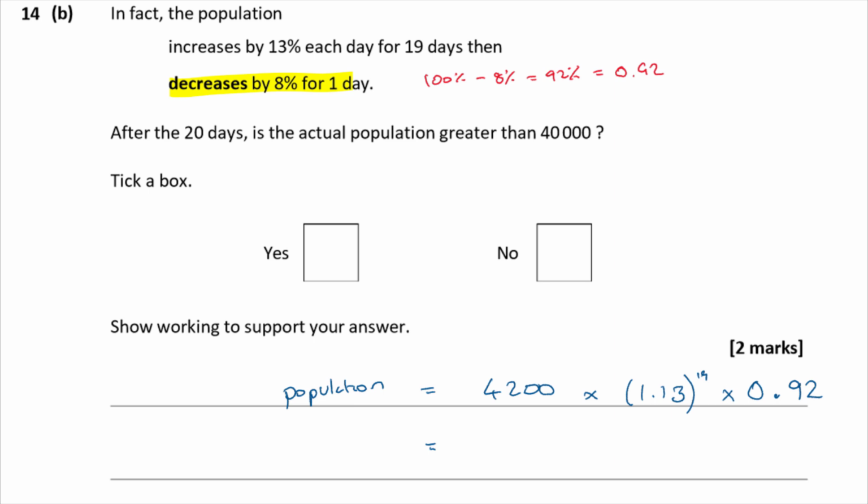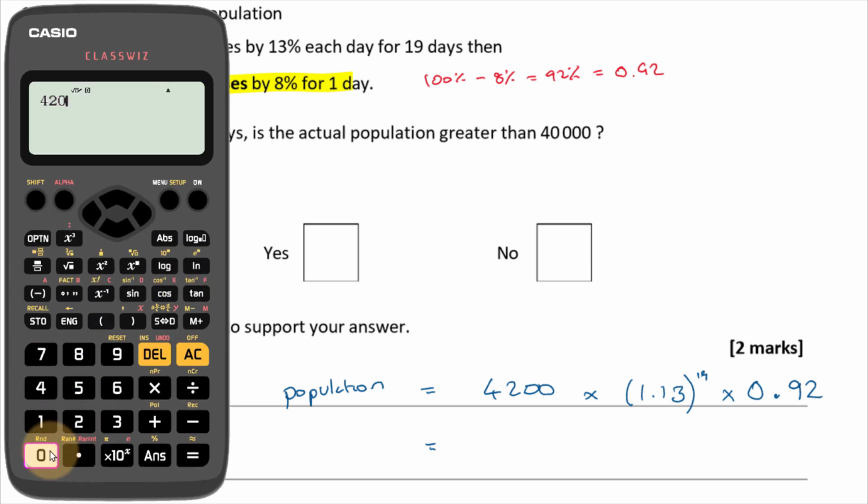What's that then? So 4,200 times 1.13 to the power of 19 times 0.92. That comes out to be 39,402.8. I'm going to round that up to 39,403 butterflies, because I can't deal with parts of butterflies.